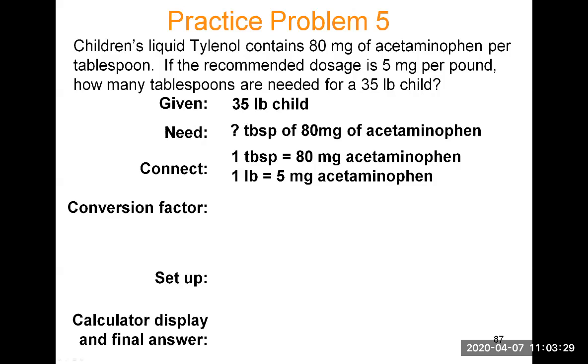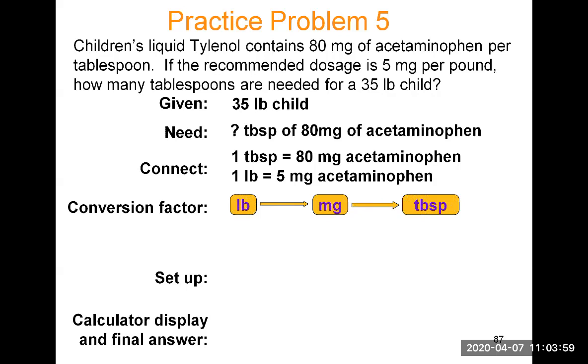So let's write the roadmap, because it helps to visualize how you will set up your calculation. We're starting with pounds of the person, and then we'll change that to milligrams of acetaminophen according to the proper dosage. And then from milligrams of acetaminophen, we can change that to tablespoons of Tylenol.